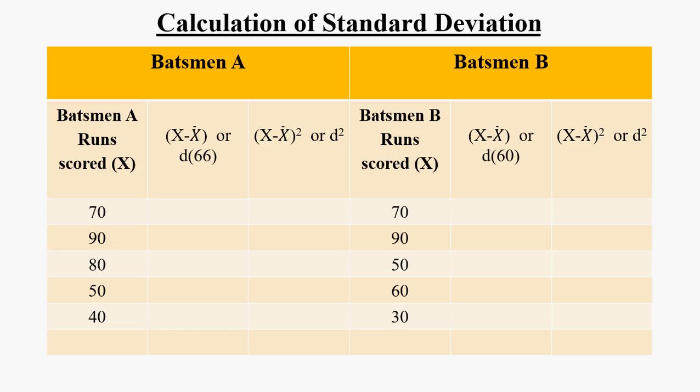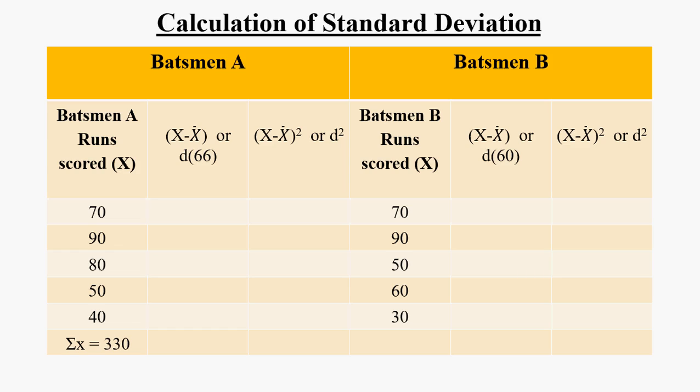How to calculate the mean? Now I will tell you. Step number 1: we need to make the total of batsman A's x, which is said to be sigma x. If you take your calculator and make the total, you will get 330. This is your sigma x.